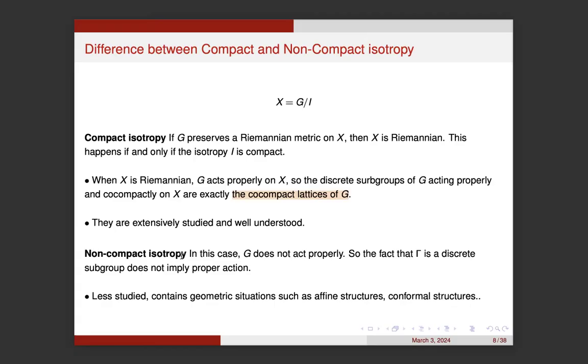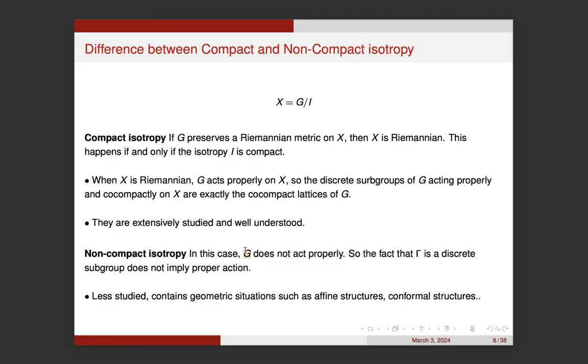In the non-compact case, when the isotropy is non-compact, the group J does not act properly, because one necessary condition to have a proper action is to have a compact isotropy group. So if I take a discrete subgroup of J, the properness of the action of gamma is a true condition.